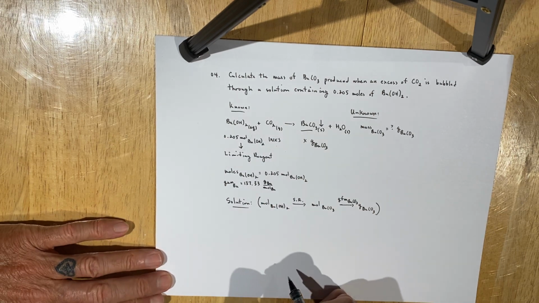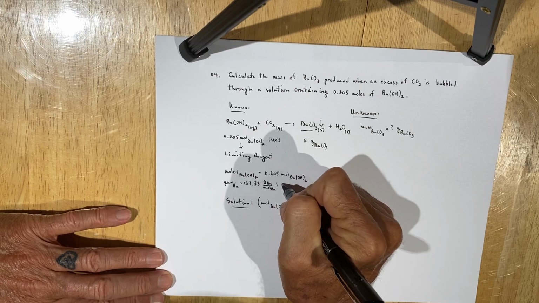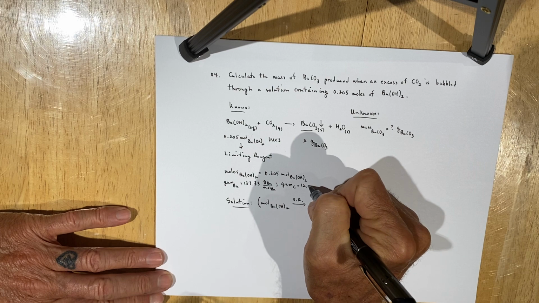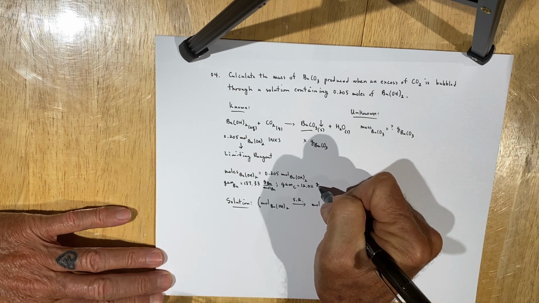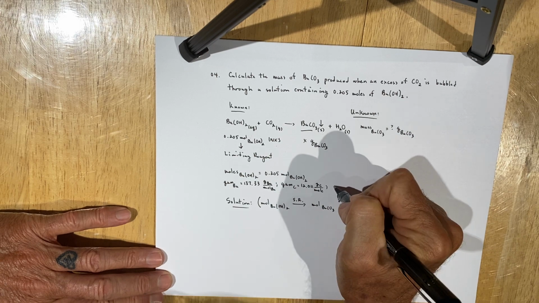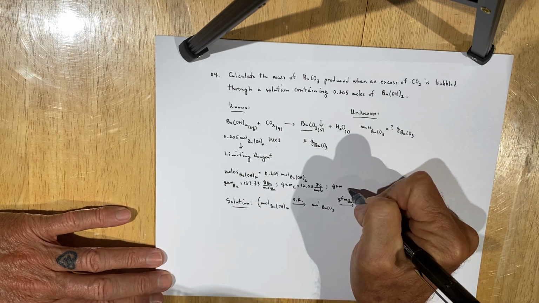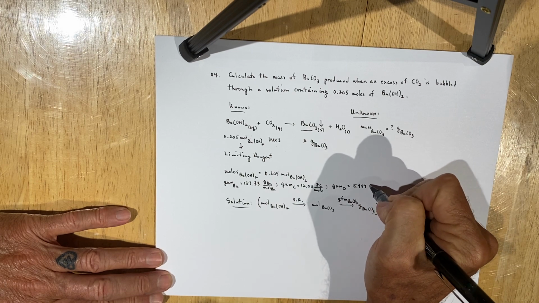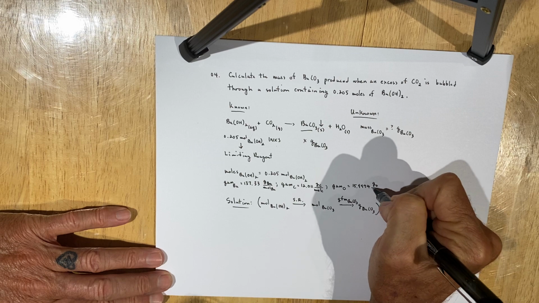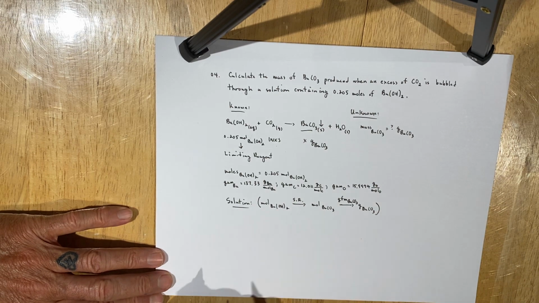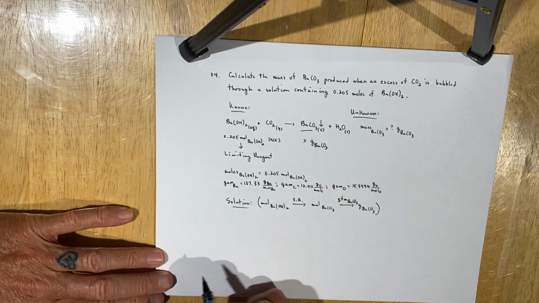And you also need to know the gram atomic mass of carbon, which is 12.011 grams of carbon per mole of carbon. And you need to know the gram atomic mass of oxygen, which is 15.9994 grams of oxygen per mole of oxygen.